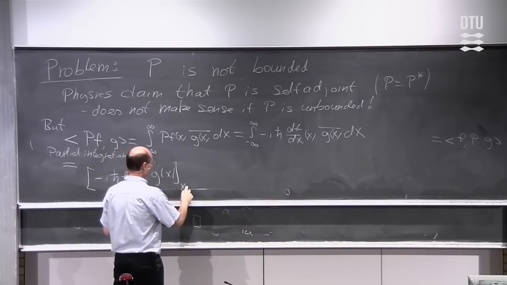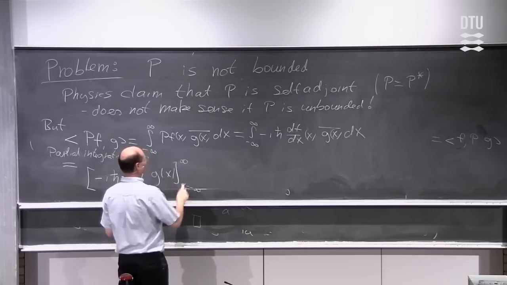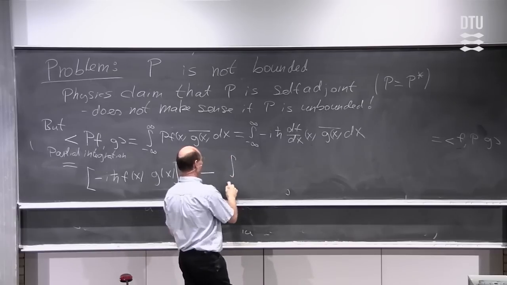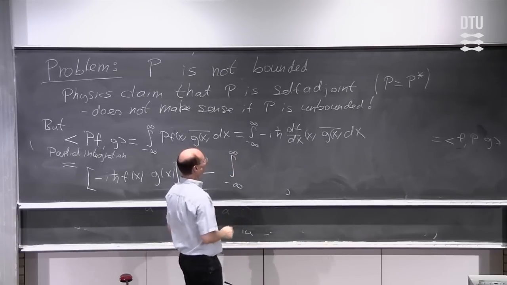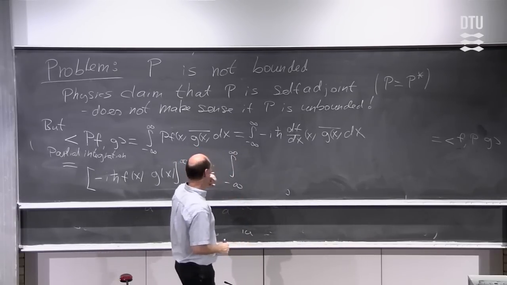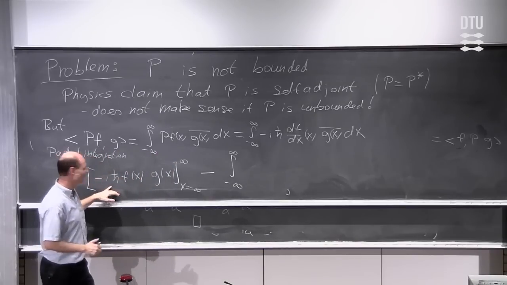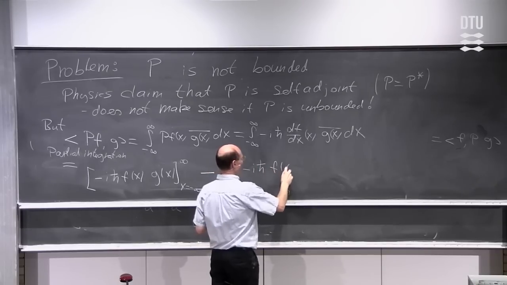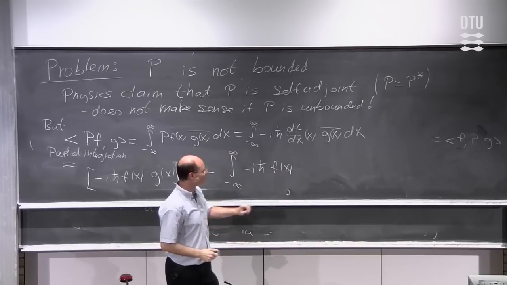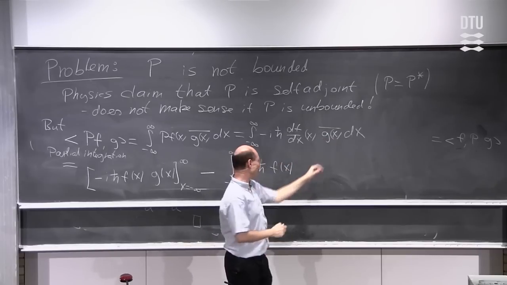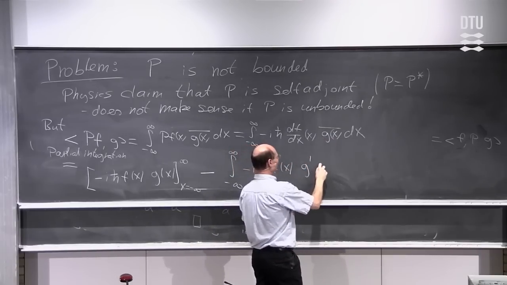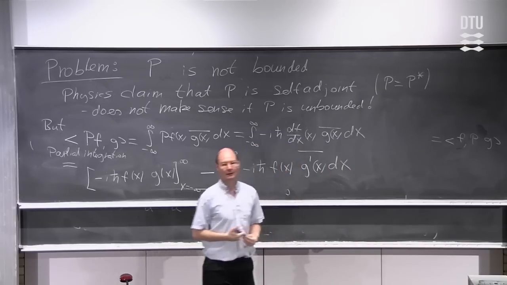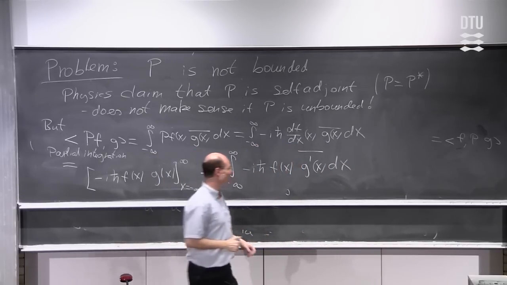You look at this going from x equal to minus infinity up to infinity, and then you subtract the integral from minus infinity to infinity, of minus i h bar f of x, and then you have to differentiate the second function instead. So you get a g prime of x complex conjugated dx. This is what partial integration will give you.